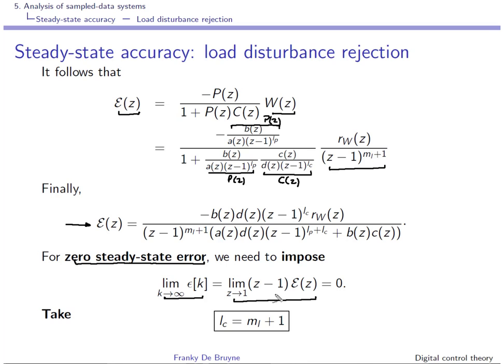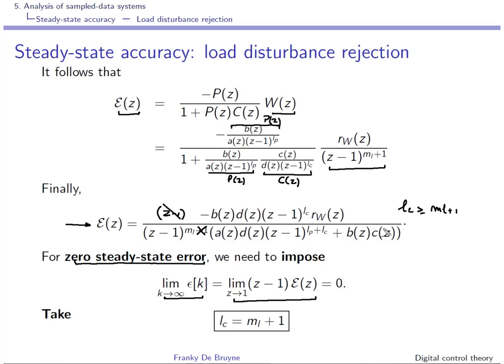So to compute this limit, we multiply by z minus 1, and then we take the limit when z tends to 1. This one will simplify with this one over here, and you can see that if LC is larger or equal to ml plus 1, then you'll have in this limit a factor that will be a function of z minus 1.